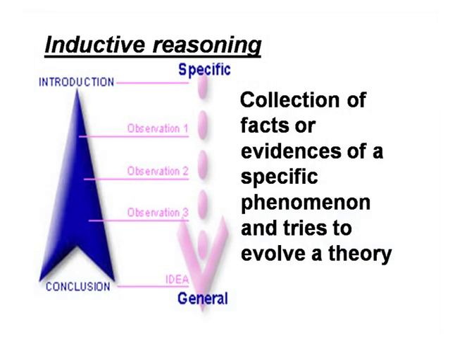Inductive reasoning refers to developing a theory to explain specific facts. That is, it begins with the collection of facts or evidences of a specific phenomenon and tries to evolve a theory. For example, the theory of suicide is a form of inductive reasoning.